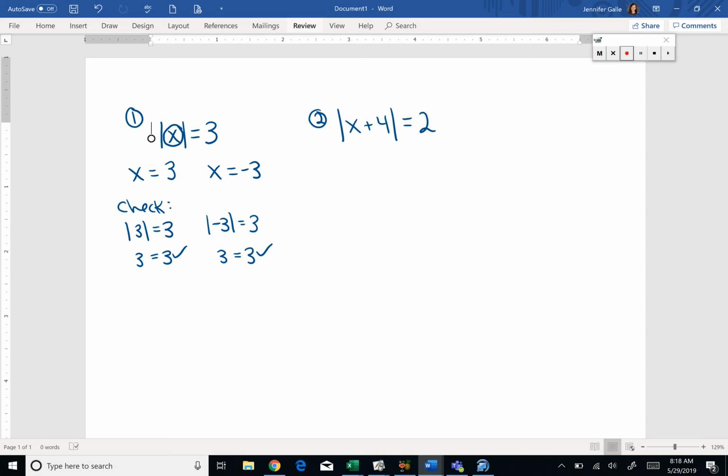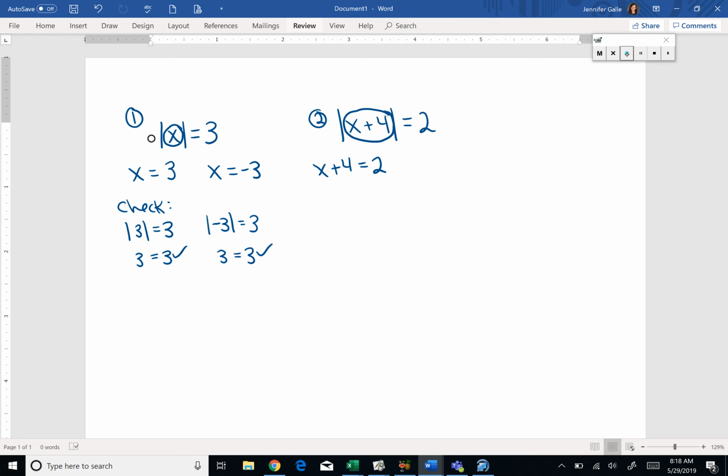Once the absolute value bars are all by themselves, now we have to start thinking about, there's going to be two possibilities. Possibility number 1 is that whatever's inside the bars, that whole expression, if I can get that whole expression to equal positive 2, we're in good shape. Because the absolute value of 2 is 2. But now we just saw in that first problem that more than one number will have an absolute value of 2.